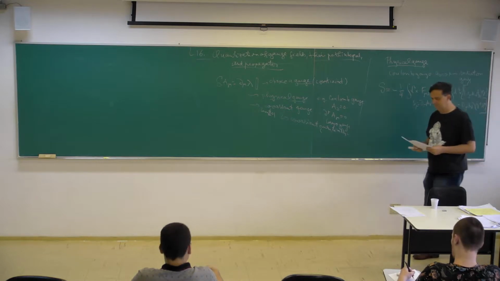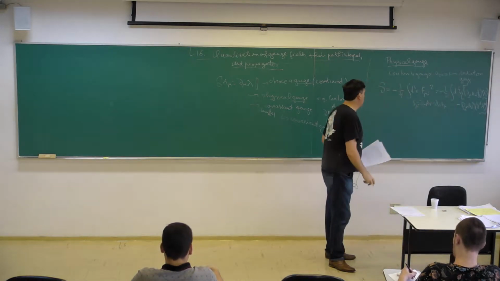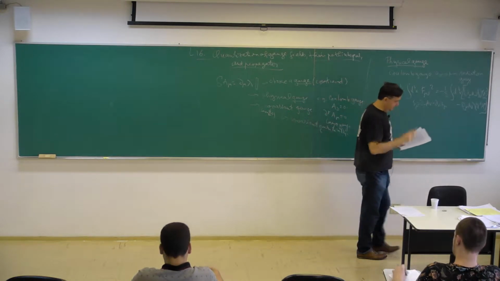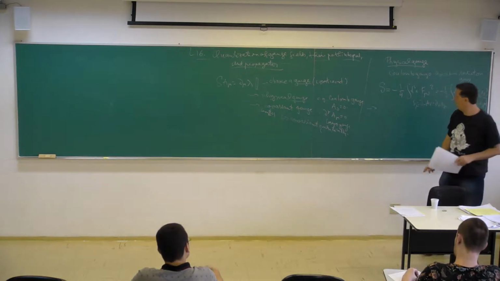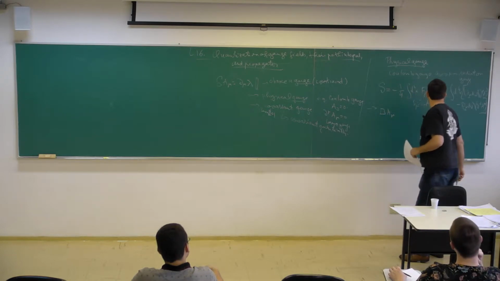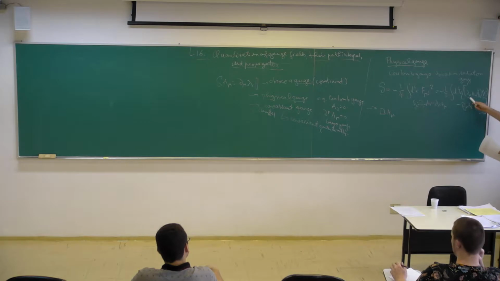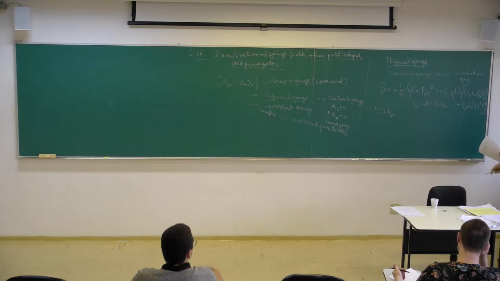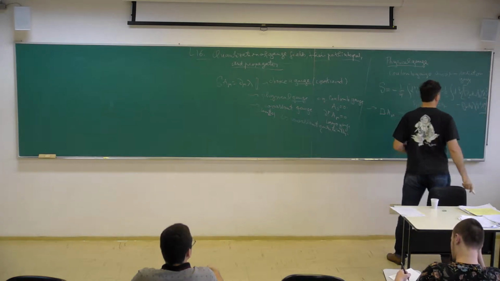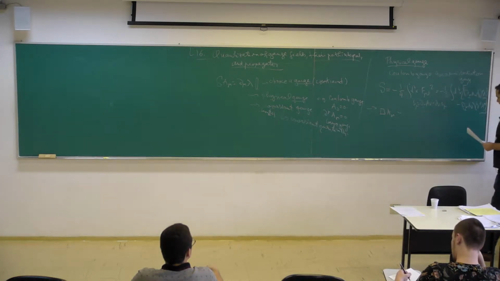And so when calculating the equation of motion, from partially integrating this term, we'll get a box A mu. Partially integrating d mu, we get d mu d mu, which is box. But then we get a second term from this one, right?